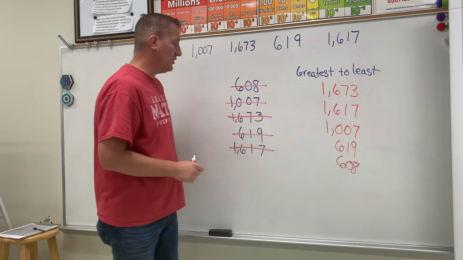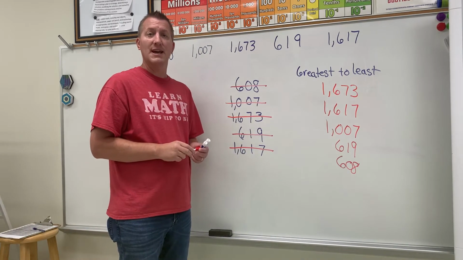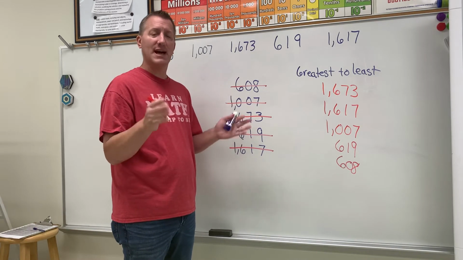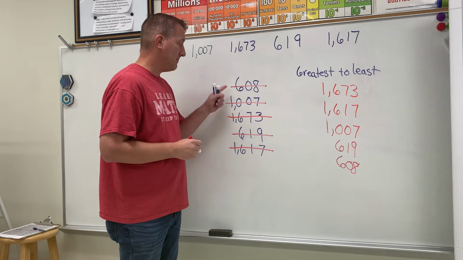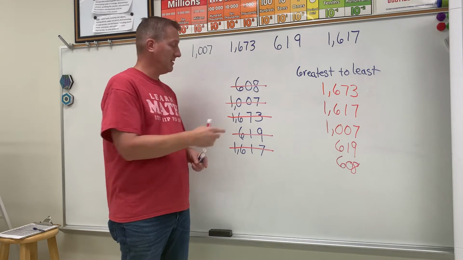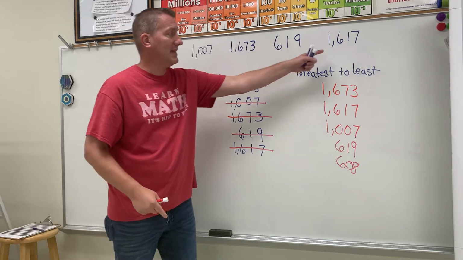Now, if you use this and line up those place values, you'll be for sure to get them right every time. Okay? So just follow those simple steps by lining up your place values, and you can get those numbers.